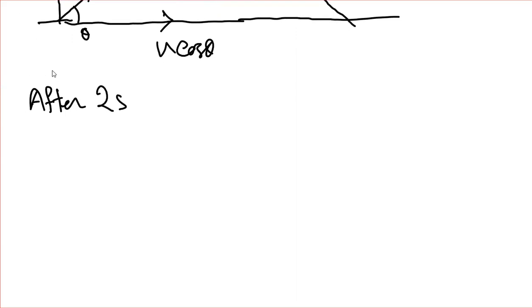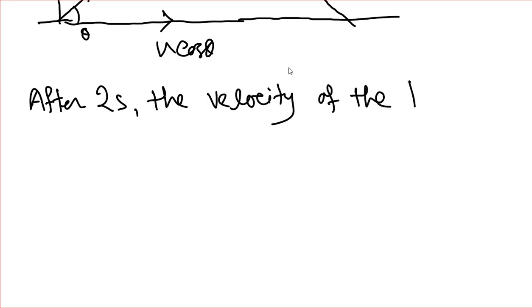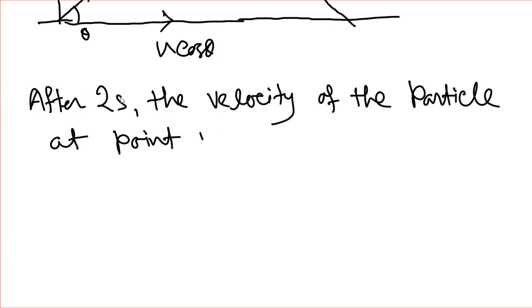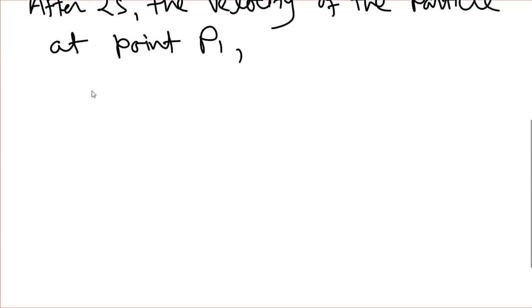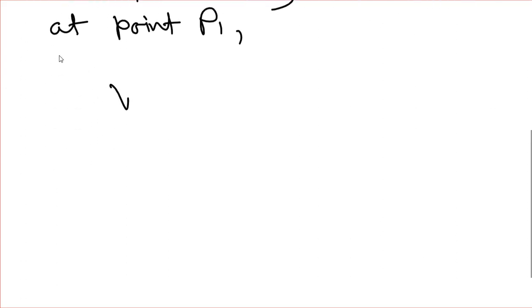After 2 seconds, the velocity of the particle at point P1 will be, as per the law, v equal to u minus gt.